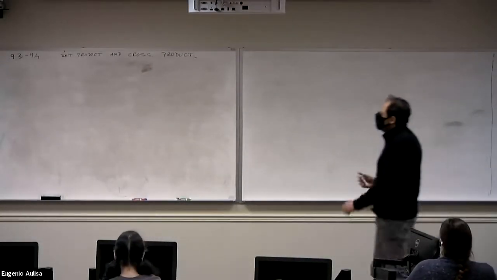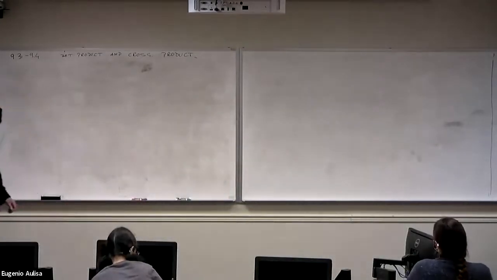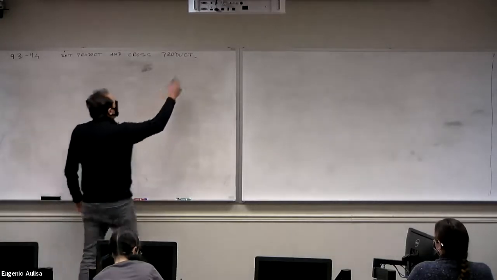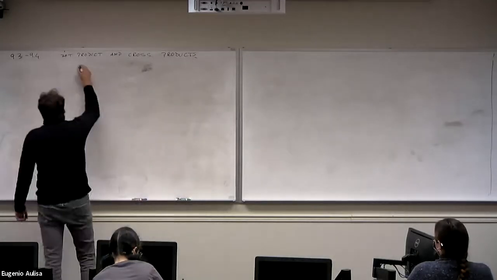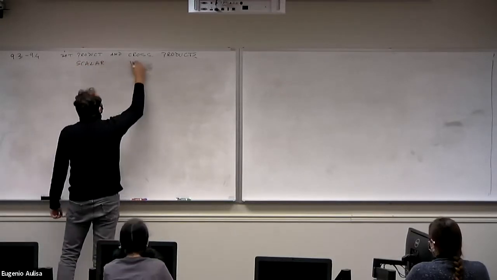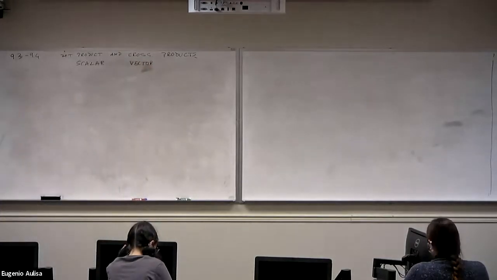So in section 9.3 and 9.4, you discuss the concept of dot and cross product between two vectors. Everybody calls them scalar or vector products. So let's start with the dot product.